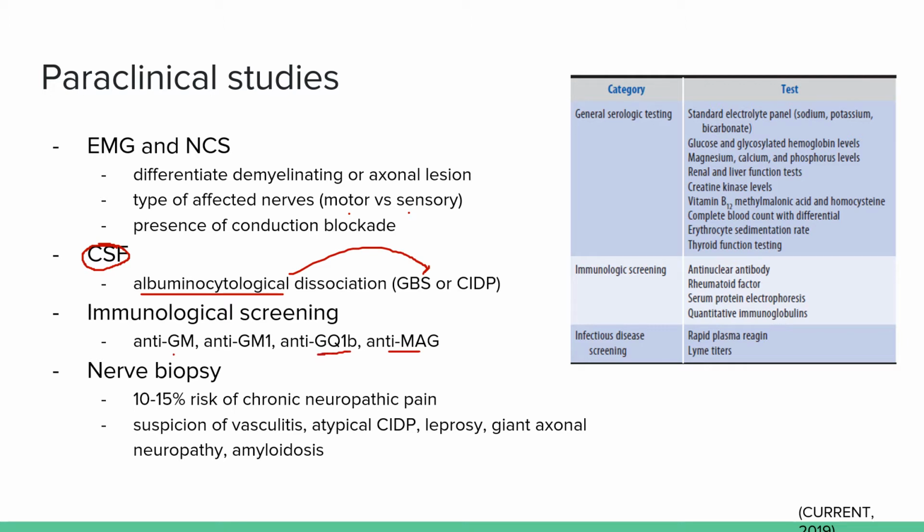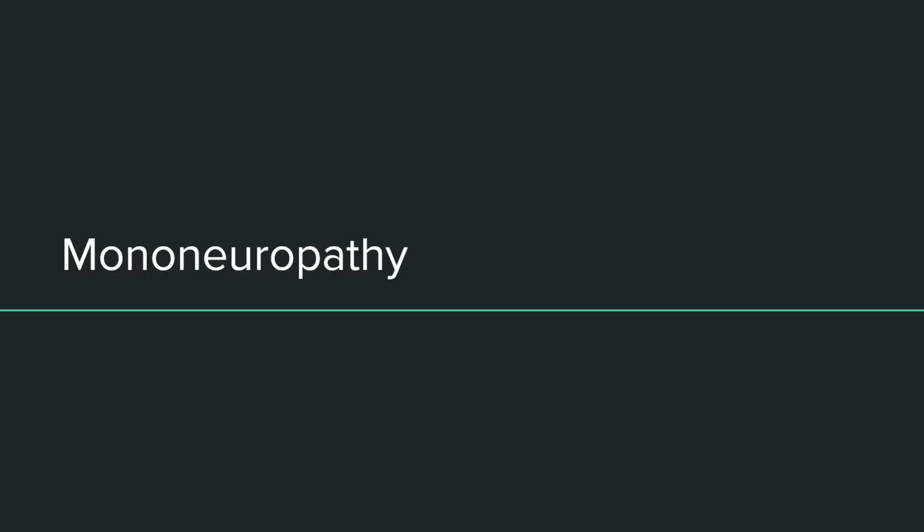We can also do a nerve biopsy, but this is not widely indicated because there is a high risk, 10 to 15%, of chronic neuropathic pain at the site of the biopsy. We do this biopsy when we have high suspicion of vasculitis, atypical CIDP, leprosy, giant axonal neuropathy, and amyloidosis.